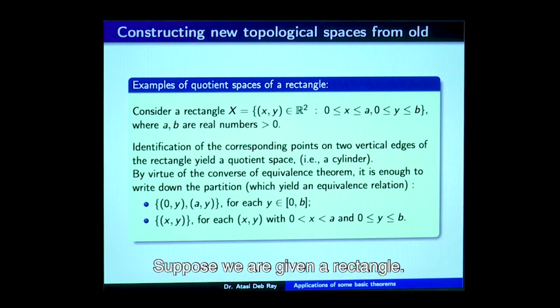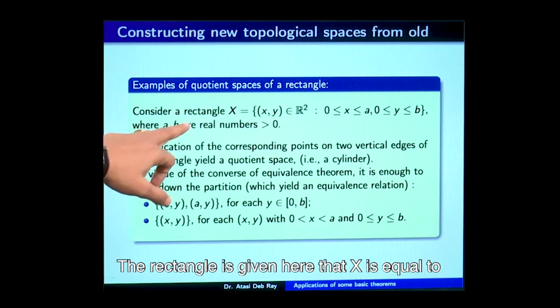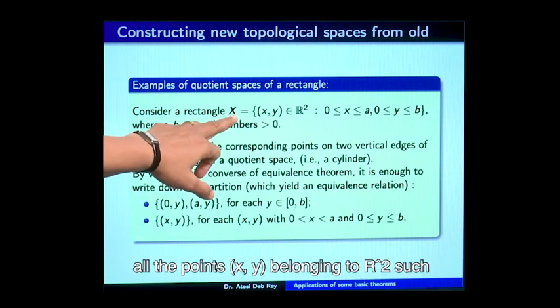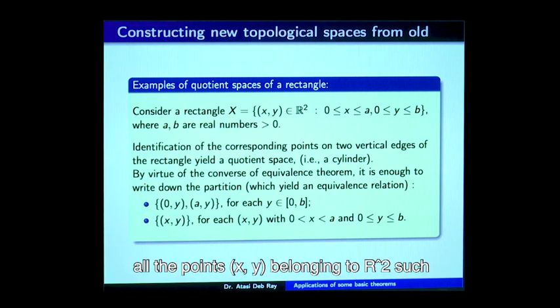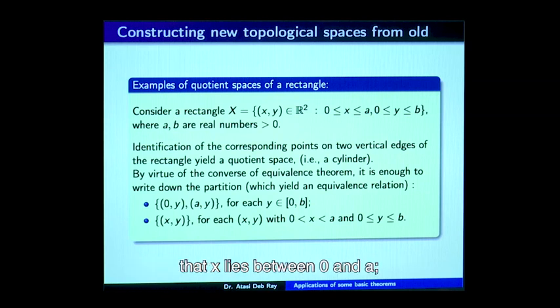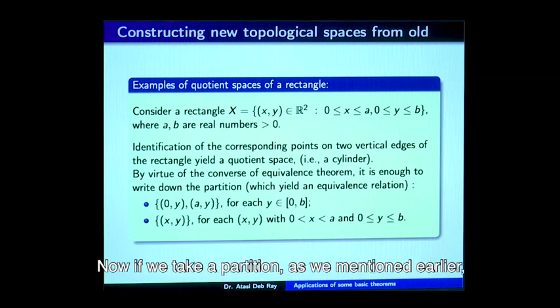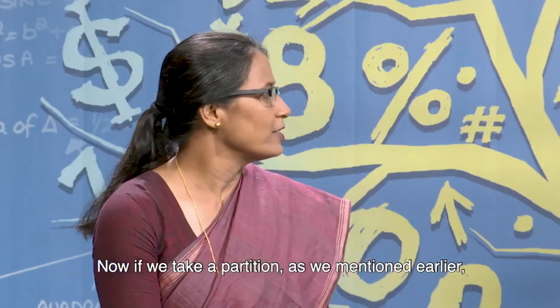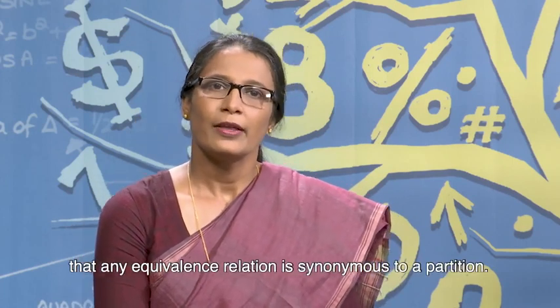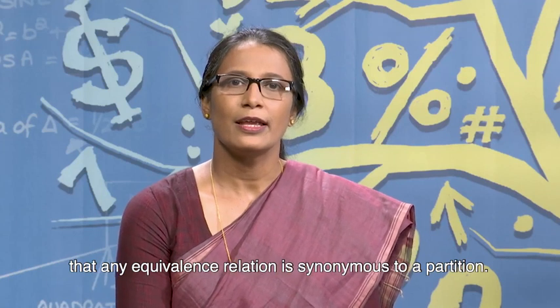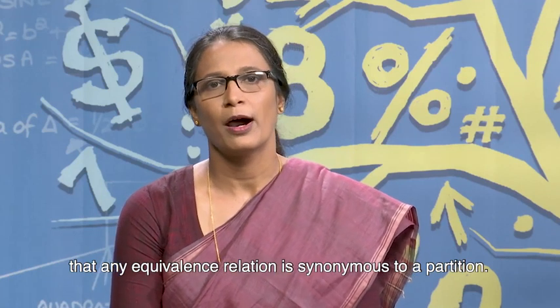Suppose we are given a rectangle. The rectangle is given here that capital X is equal to all the points (x, y) belonging to R^2 such that x lies between 0 and a and y lies between 0 and b, where a, b are real numbers greater than 0. Now, if we take a partition, as we mentioned earlier, any equivalence relation is synonymous to a partition.